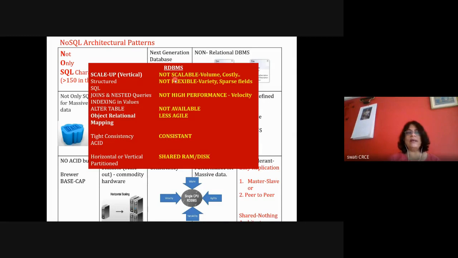So the system will not be available 24 by 7. And nowadays, for applications like Amazon, you cannot afford to shut down the system. Or Facebook, which is using a graph data store such as Neo4j, or WhatsApp, you cannot close the system. It should be available 24 by 7.